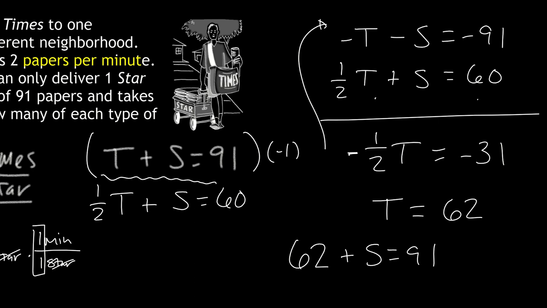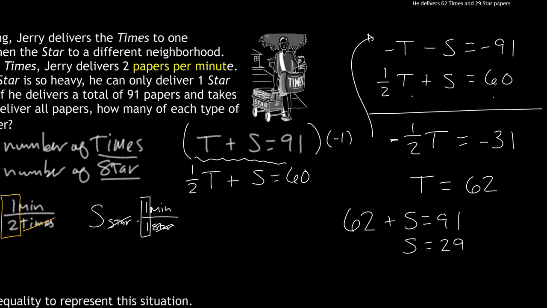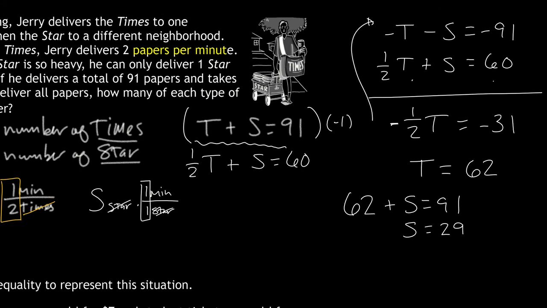If I subtract 62 from both sides, I get that S is 29.